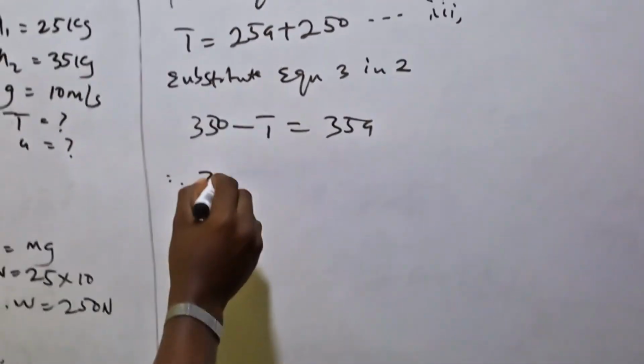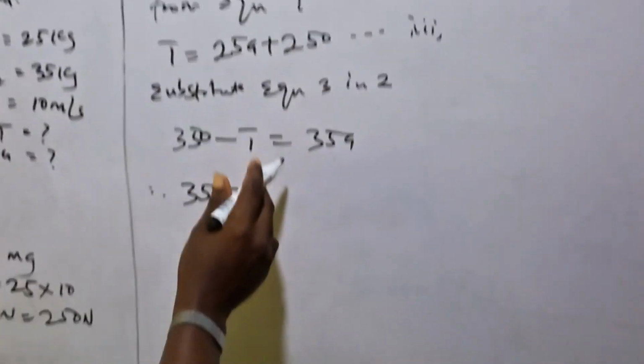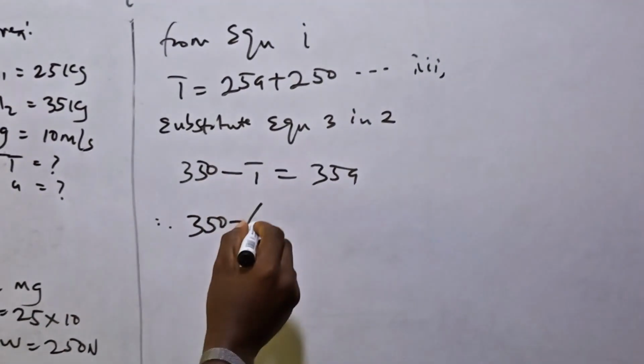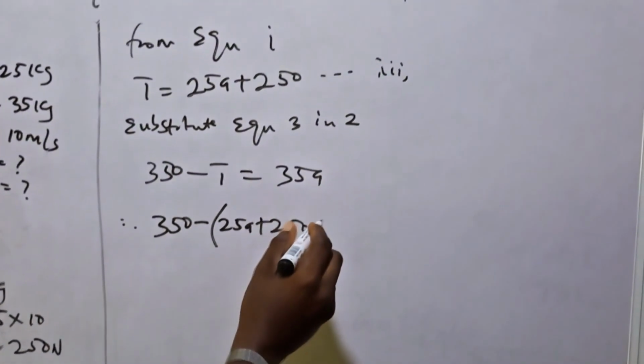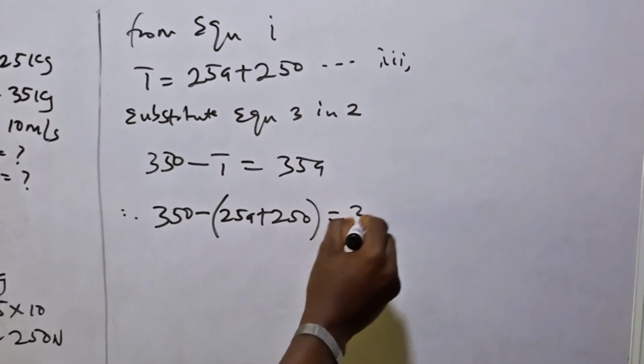Therefore, we substitute equation 3 in equation 2. We have 350 minus tension, substituting 25a plus 250, equals 35a.